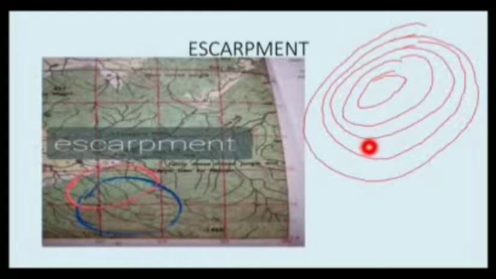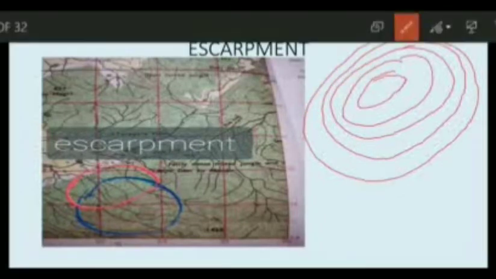Suppose in a 4-figure you find that here the contour lines are very compact, very near to each other, and on the other side there is a gap. So it means that this area is having a steep slope and this area is having a gentle slope. So if this type of feature is given in the 4-figure, then it is an escarpment.